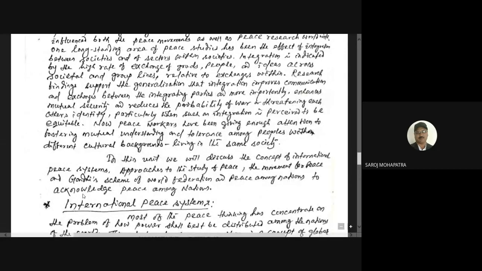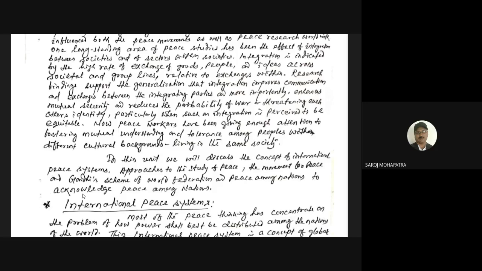The research findings support the generalization that integration improves communication and exchange between the integrating parties, and more importantly enhances mutual security and reduces the probability of war or threatening each other's identity, particularly when such an integration is perceived to be equitable.